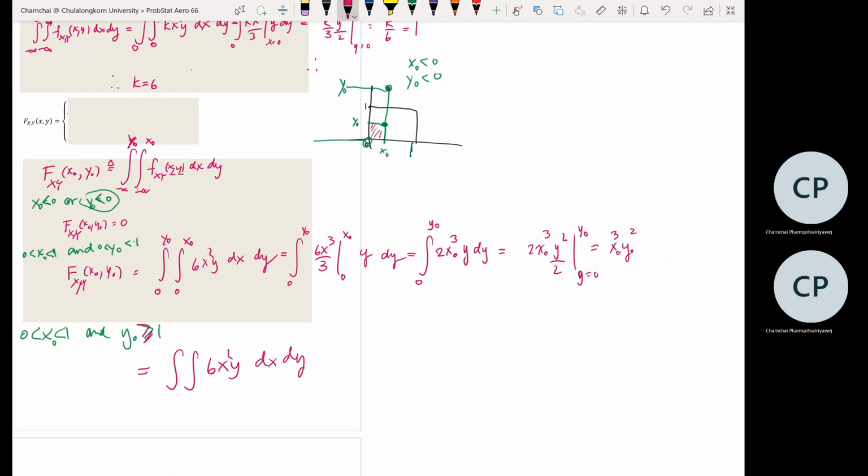So in this case, if x is between 0 and 1, but y is more than 1, what are the limits of integration?